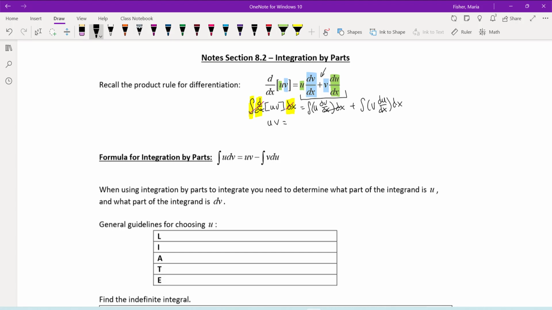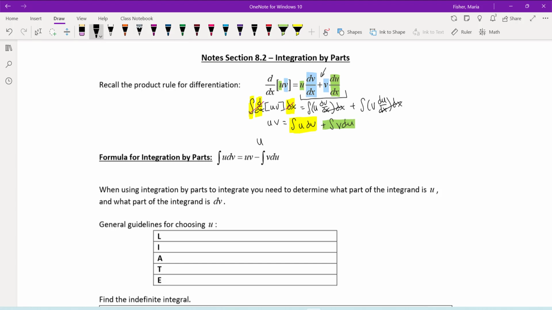And then over here the dx's cancel, and that's just the integral of u dv, and here the dx's also cancel, and that's just the integral of v du. If I want to get the integral of u dv all by itself on one side of the equal sign, I need to subtract this integral of v du from both sides.